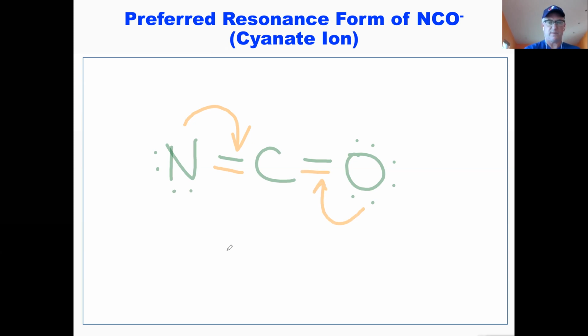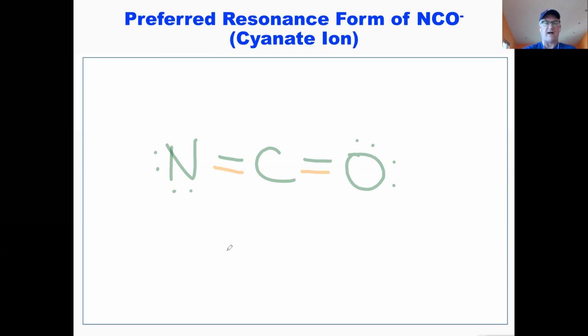And so let me get rid of these two. Okay, so that's one potential structure. So everybody has 8 electrons total. Everybody's happy. Now let's look at the valence electrons. So how many valence electrons should nitrogen have?